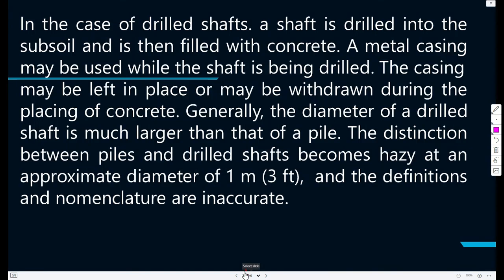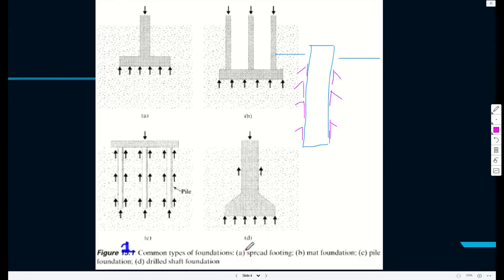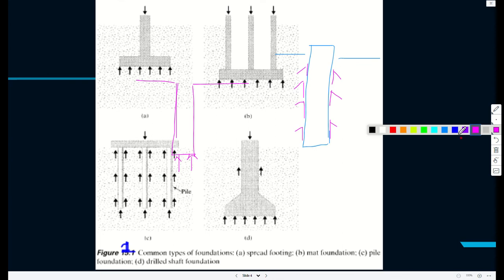So for end bearing piles, the load carrying mechanism is that the load is carried by the end here. But in reality, it's a combination of the two mechanisms.